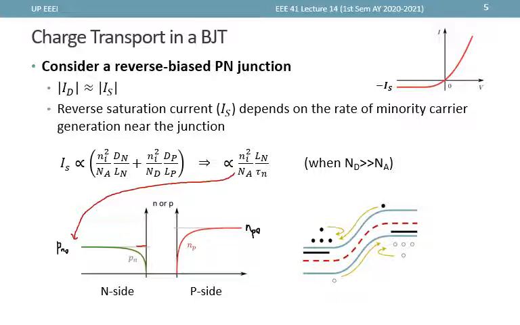Now, Ln refers to the minority carrier diffusion length, and if we approximate Ln to be this portion here, then this tells us that the amount of current we'll get under reverse bias is approximately dictated by this area right here.